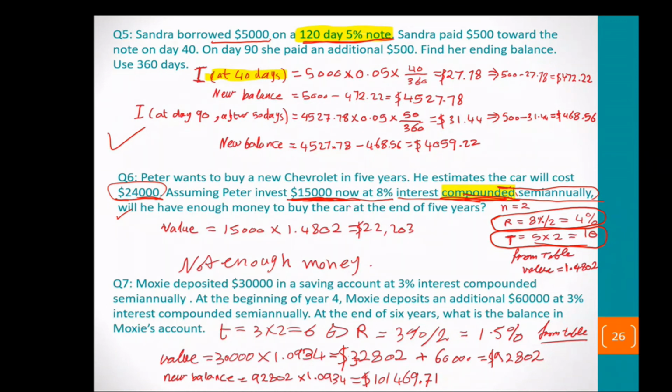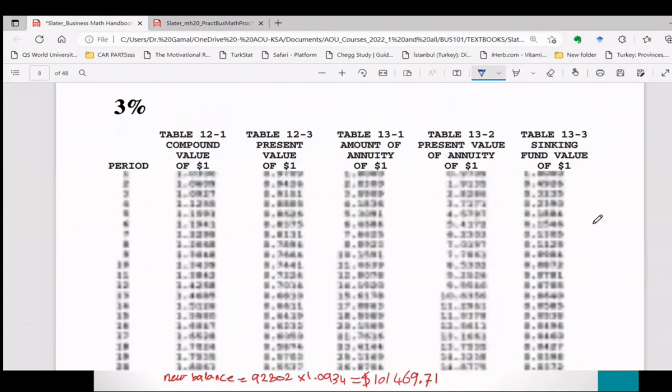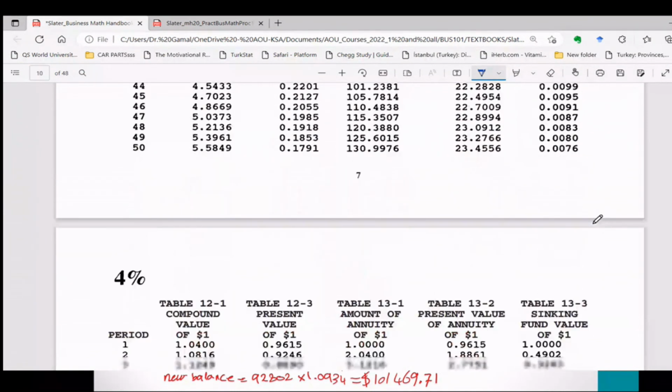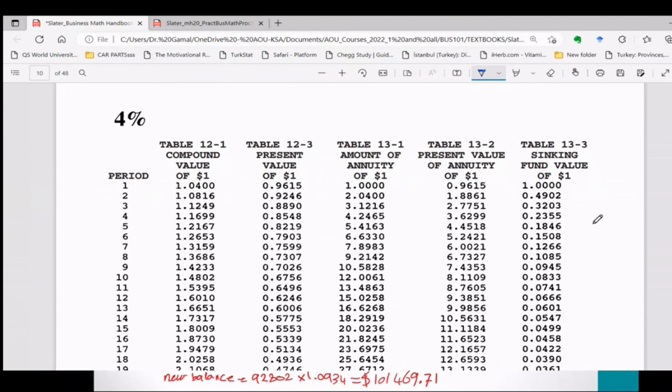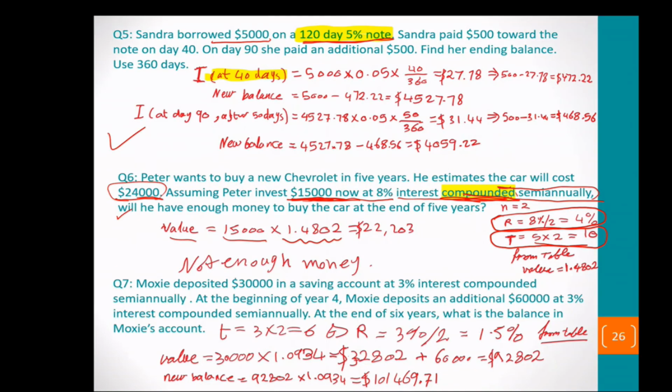We calculate 15,000 times the table factor 1.4802 at 4% rate, 10 periods.